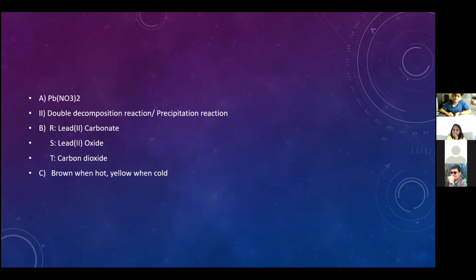Go Jason. Is it correct? I think it's wrong because it has two possible colors. Yes, correct. In this case, being very general, we have to state the two possibilities of colors for lead-2 oxide.